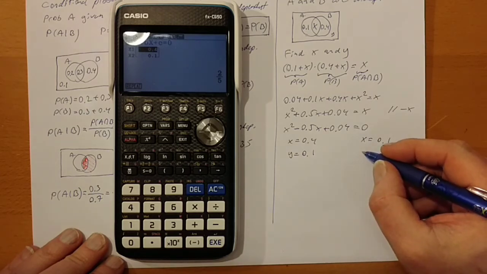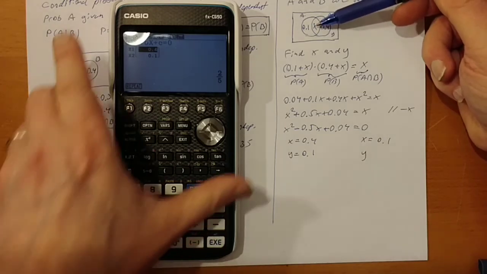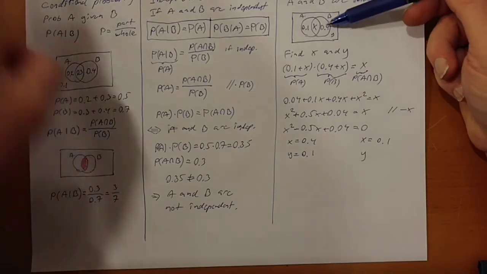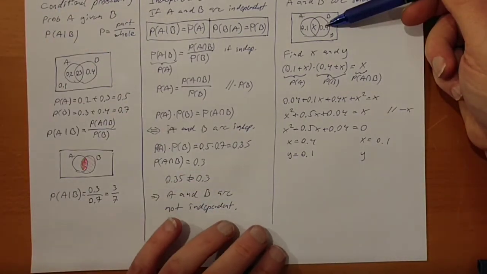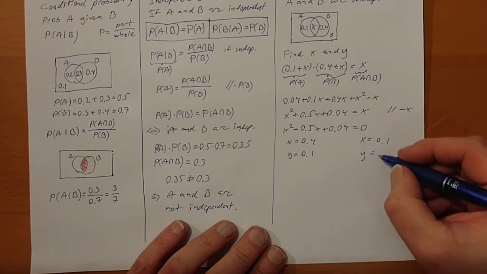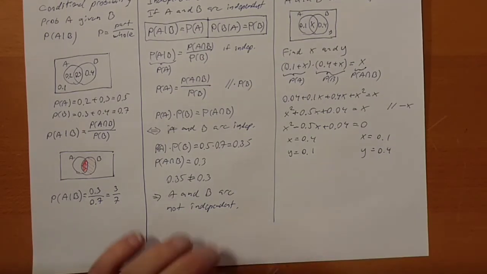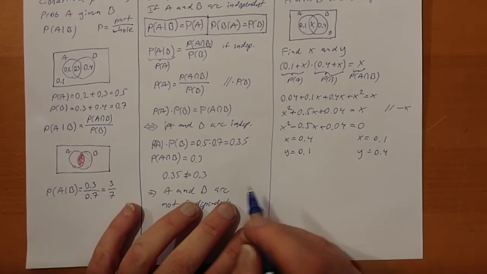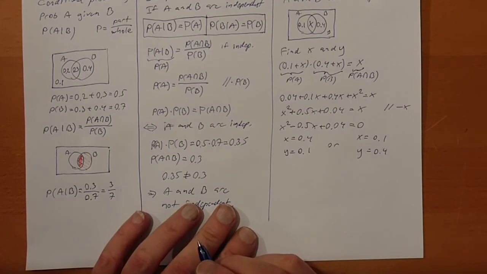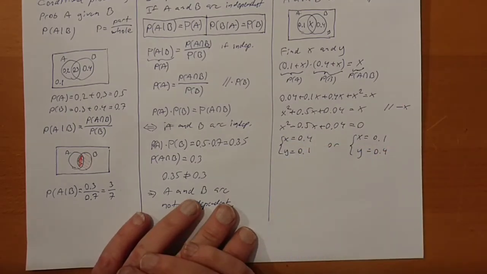And here we can find that y is 0.1 plus 0.1, 0.2 plus 0.4 is 0.6, and 1 minus 0.6 equals 0.4. And we have found our solution here, right? Let's say or. So either this is true or that is true.